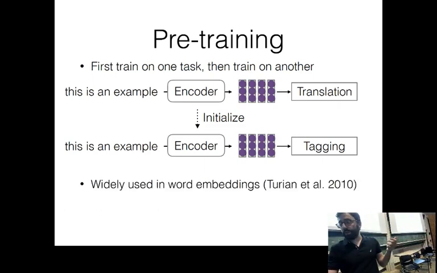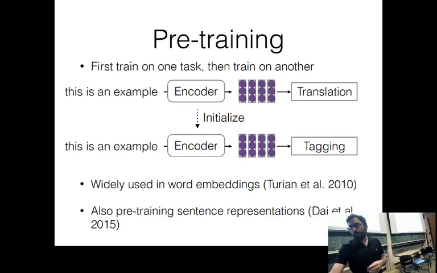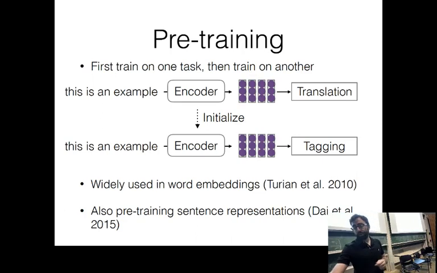The prime example is just reusing word embeddings to initialize your lookup parameters in any of your models. There's also work on not just pre-training in order to learn word embeddings, but also using full sentence representation, like a single vector for a sentence that you could then use for downstream tasks.